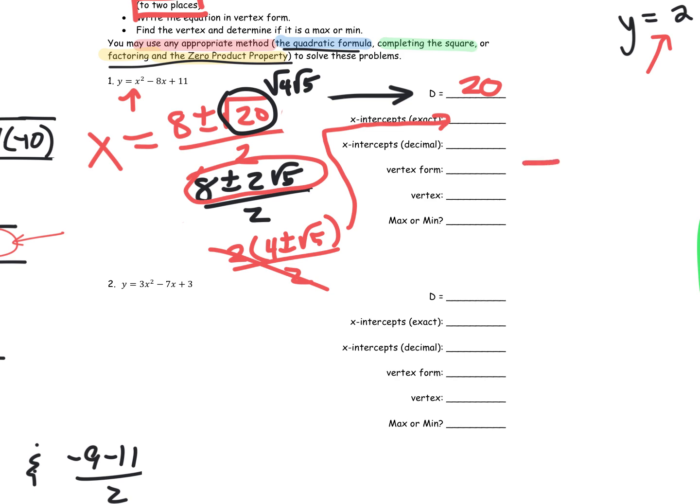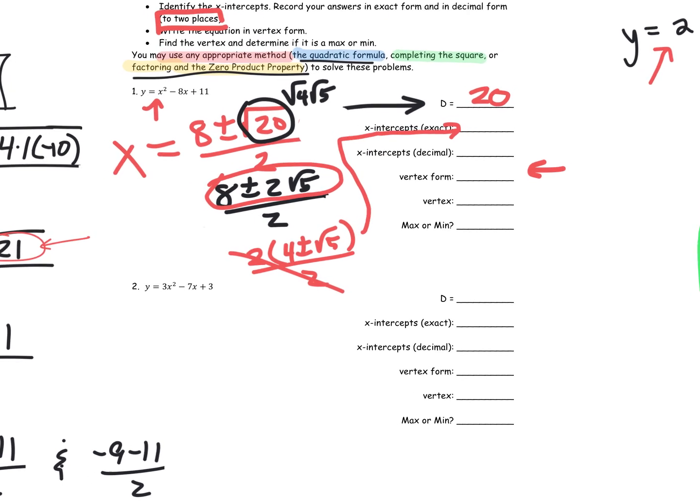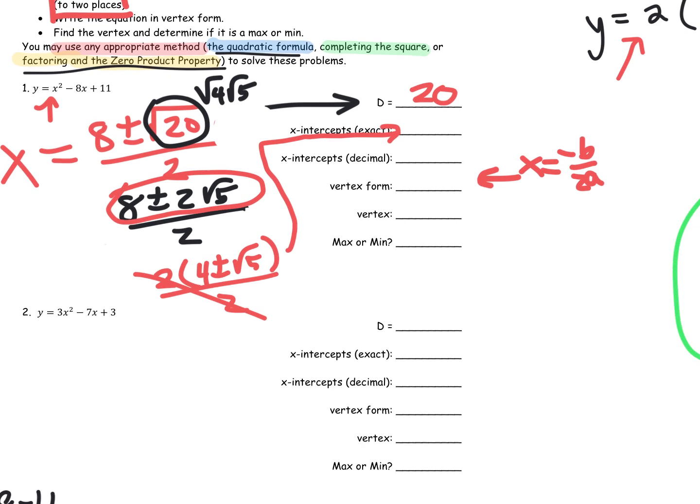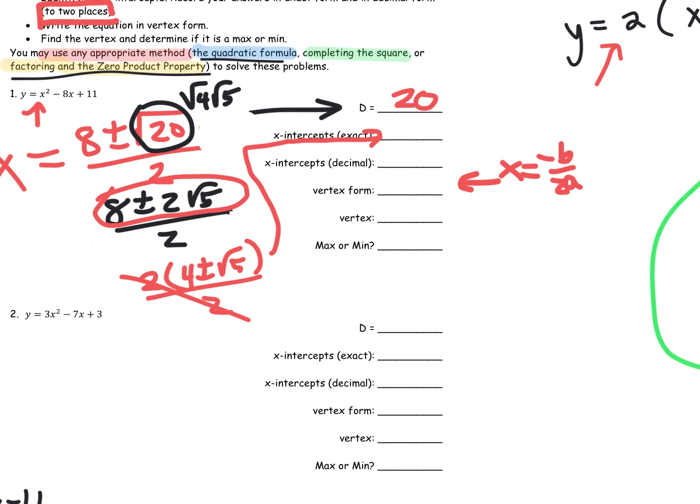Then vertex form. Well, I never did get the vertex. Dang, I guess I'm going to have to go find the vertex of this thing. So that's x equals negative b over 2a. That's how I'd get the vertex. Once I get the vertex, I can write it in vertex form fairly easy. So negative b over 2a would be negative 8.